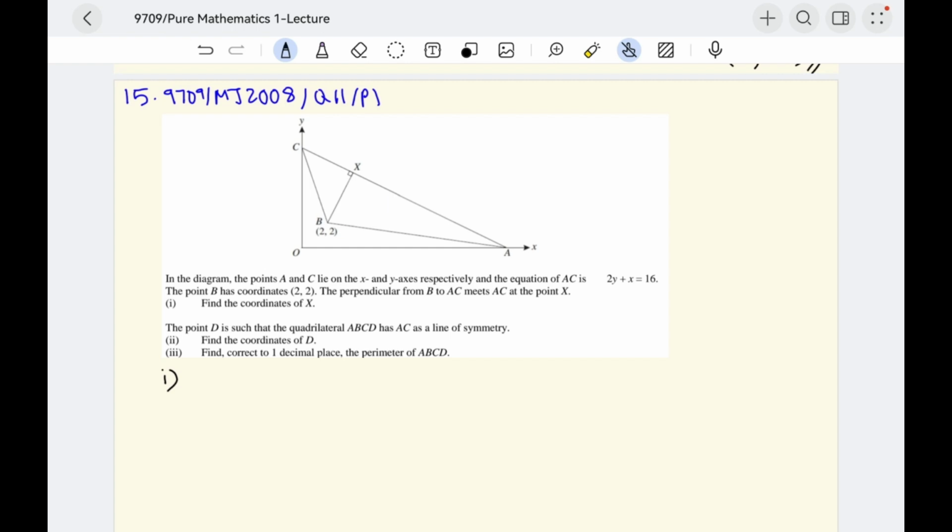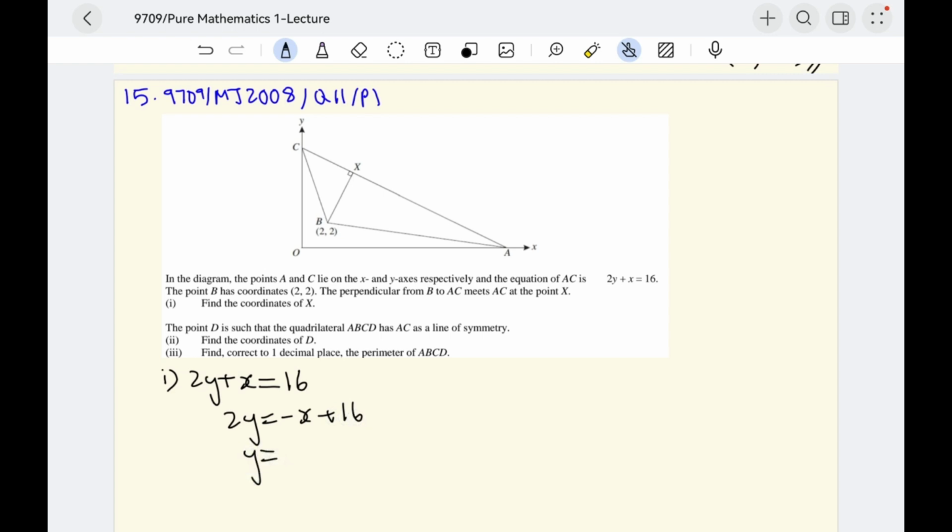So first, you need to look for the gradient of AC. That means you don't have to look for two coordinates to find the gradient. Instead, you can change this general form into the gradient form. So let's move on.